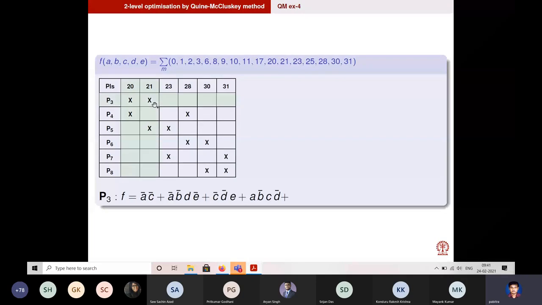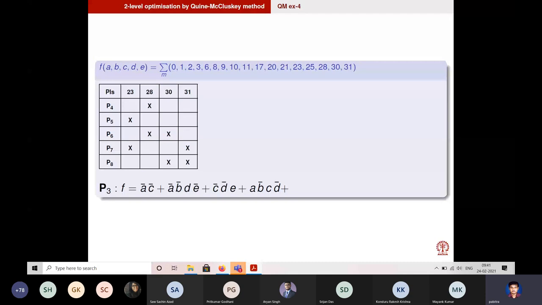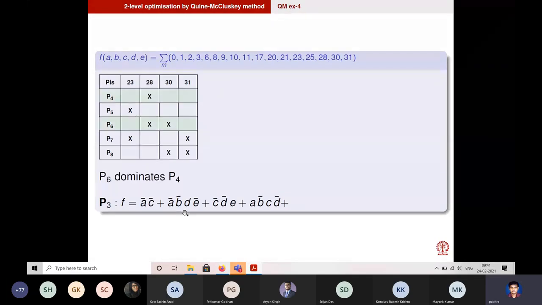This is my reduced table. So you see it's much reduced. I have only 4 columns and 5 rows. Now you see P6 dominates P4. I will keep P6, I'll drop P4.